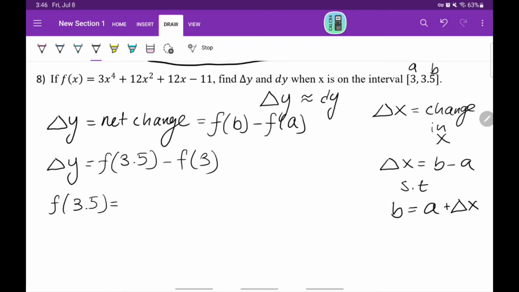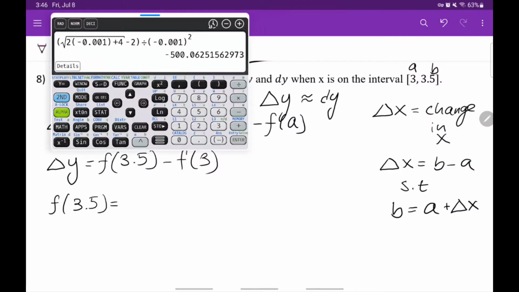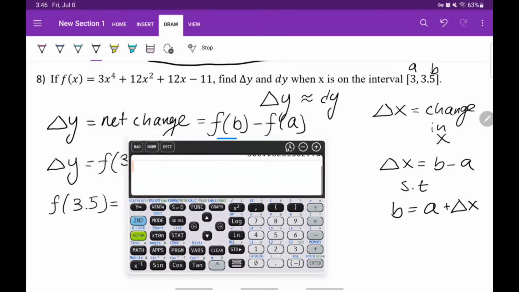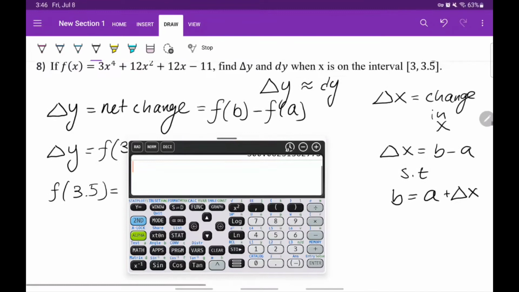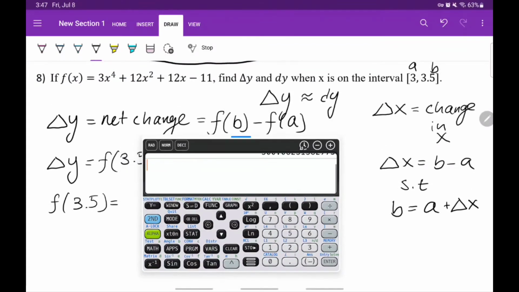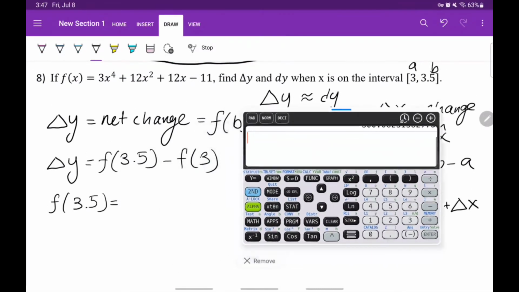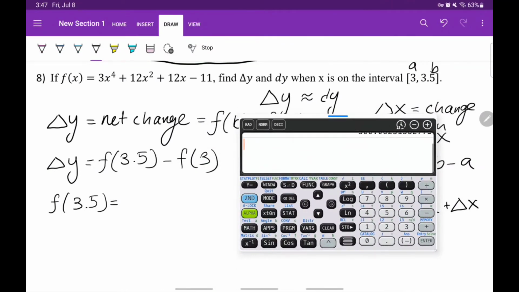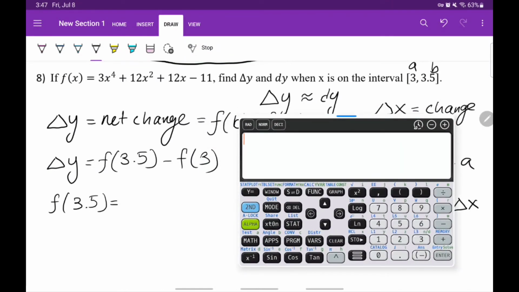I'm going to use my calculator to plug that in. So remember, we're plugging 3.5 into the function. So that's going to be 3 times 3.5, close the parentheses, raise that to the fourth power. That's going to be plus 12 times 3.5, close that up, square it.